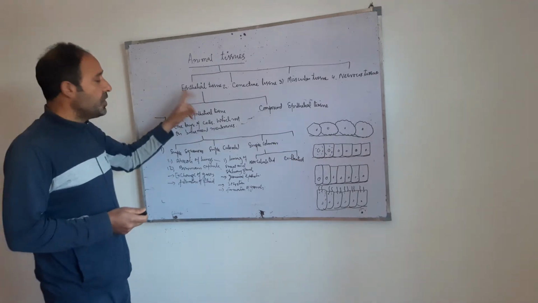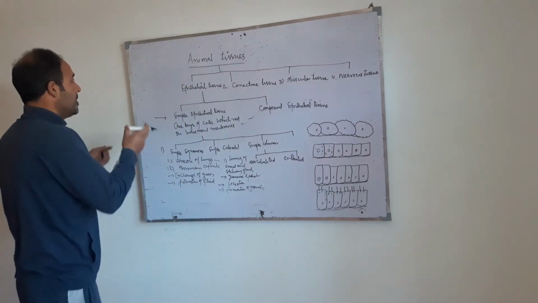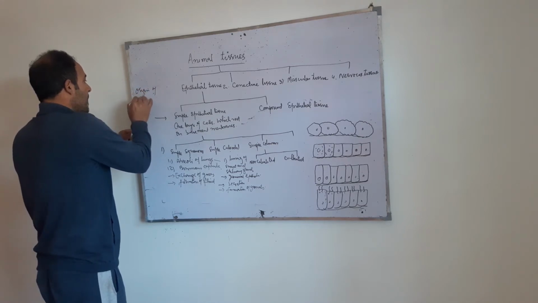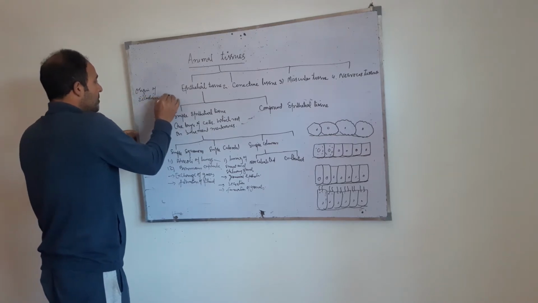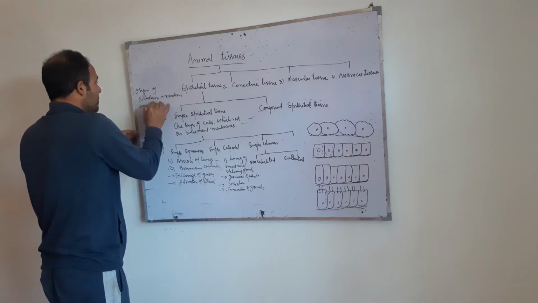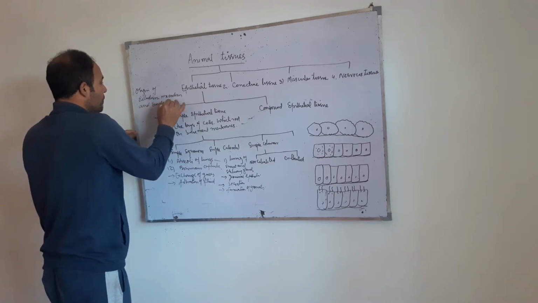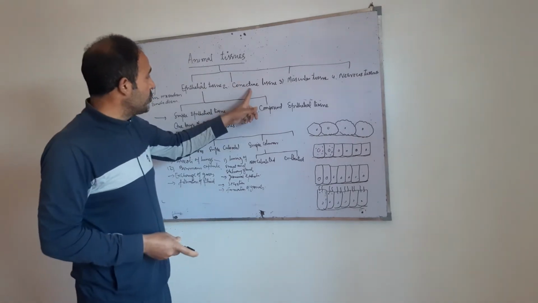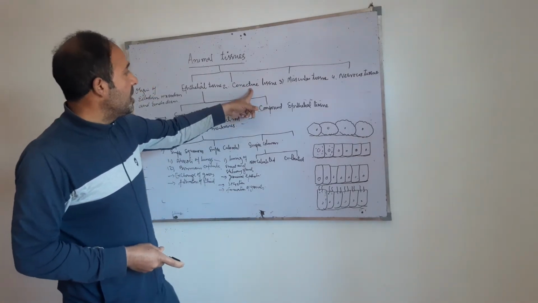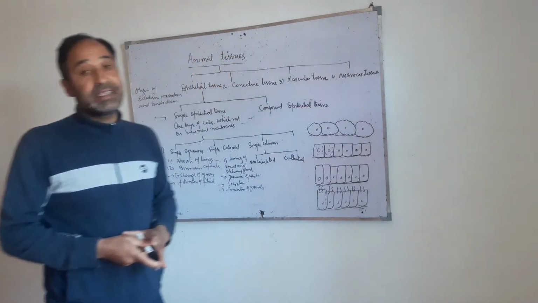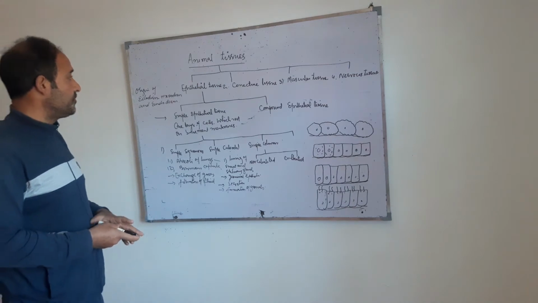Among them, the epithelial tissue has its origin from ectoderm, mesoderm, and endoderm. The connective tissue is of mesodermal origin. Muscular tissue is also of mesodermal origin, and nervous tissue is ectodermal in origin.